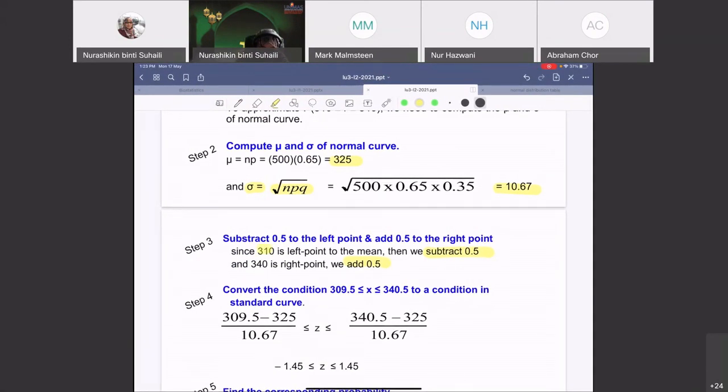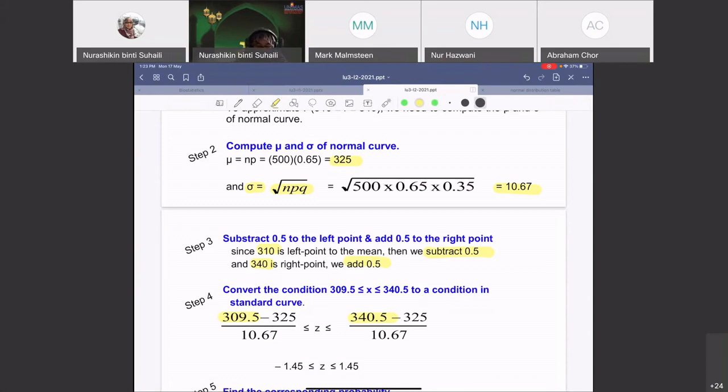The actual values are 310 and 340 given in the question. So we subtract 0.5 from 310, that's 309.5. And for the right value, 340 plus 0.5, that's the value that you have to use in the Z formula.